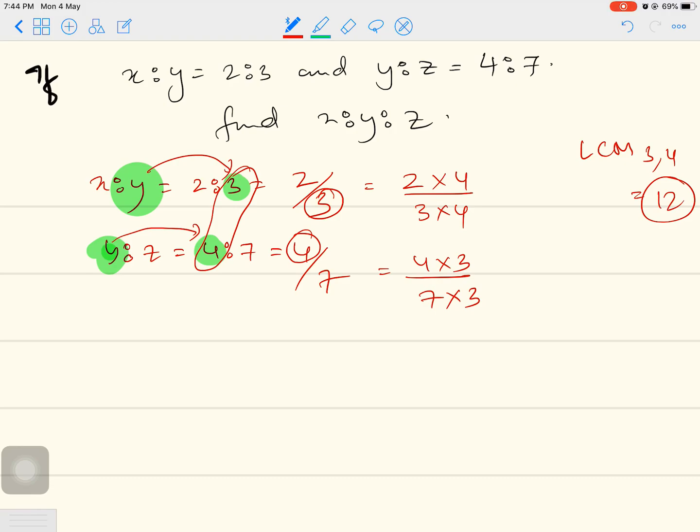Why? Because if you multiply this 3 by 4, then you will get 12. And if you multiply this 4 by 3, then you again get 12. That's the same number. That was my target. I just wanted to make the y same.